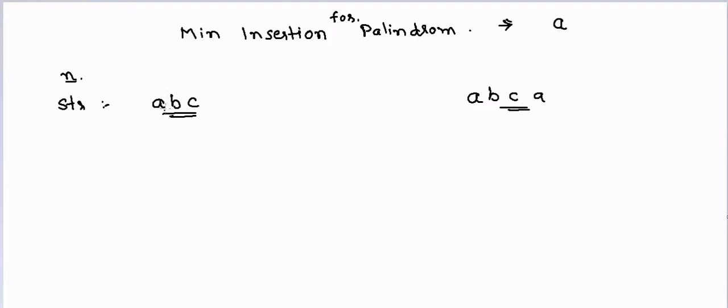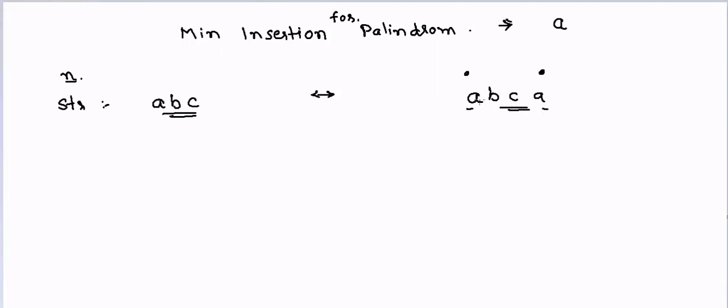If you see perfectly, there are 2 cases. In a palindrome, the first and last characters are always matching, and then the second character and the second last character are matching. So in order to create a palindrome string out of the given string, we need to find out whether the first and last characters are matching or not.